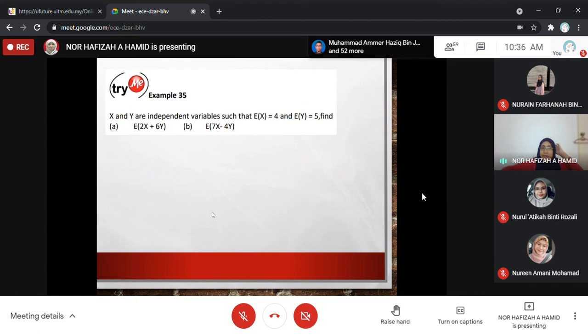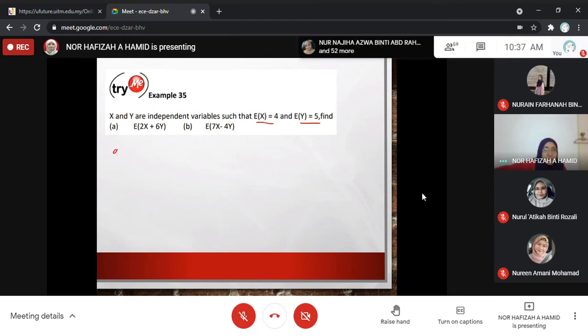So X and Y are independent variables such that Ex, or mean for X, is equal to 4, and Ey, or mean Y, is equal to 5. Find E of 2X plus 6Y. You can refer to the rules, the last rule, number 5.